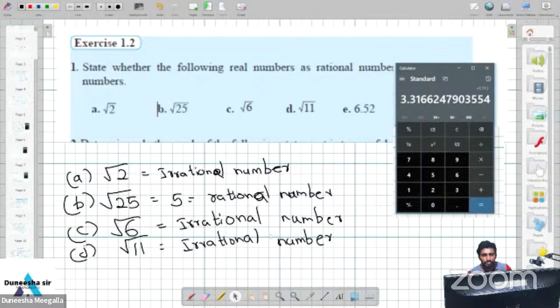Can you understand it? Yes. Kasundi? Isindu? Yes. අපිට repeating part එකක් තිබ්බොත් විතරයි ඒක rational වෙන්නේ. හරි.